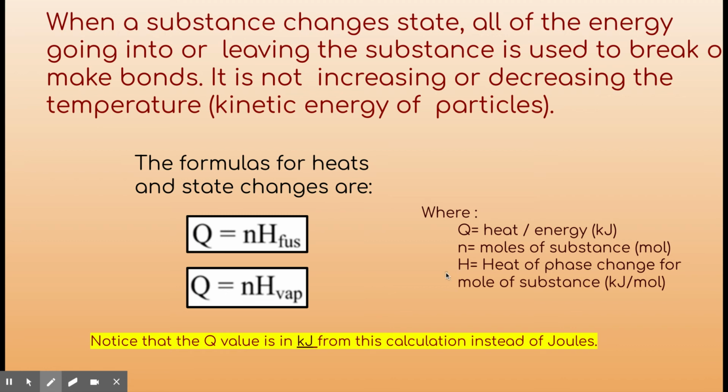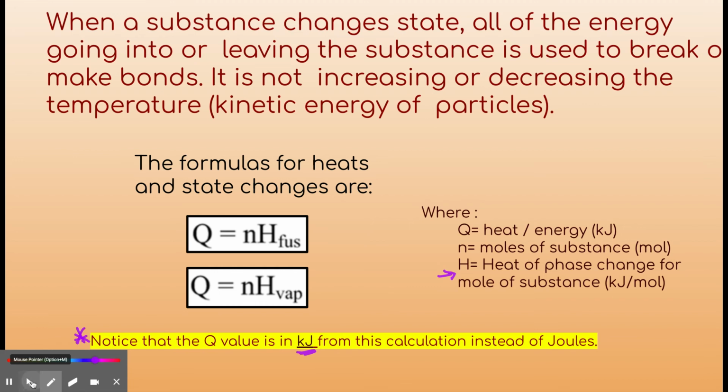H is always given to you as a constant, so you just have to look at the bottom of your data sheet and pick the right one. Are you picking Hfus or Hvap? And go from there. But really important, and something to maybe even put right on your data sheet, Q has to be in kilojoules for this calculation.